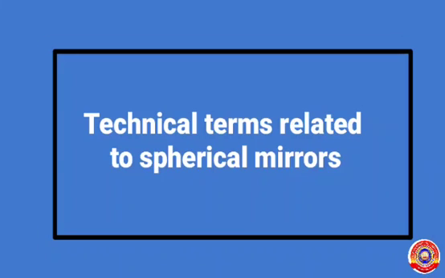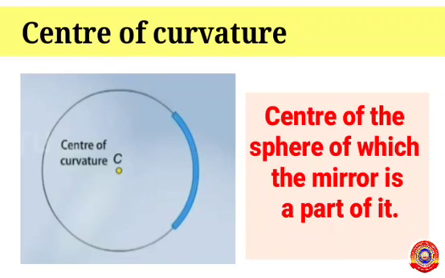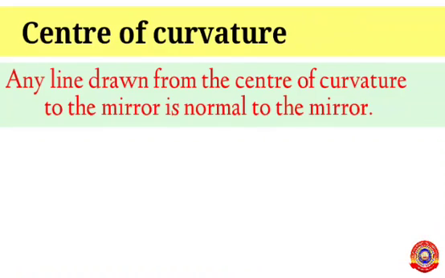Let's see some technical terms associated with spherical mirrors. The first one, center of curvature. The center of the sphere of which the mirror is a part is the center of curvature of the mirror, and it is denoted by C. Any line drawn from the center of curvature to a mirror is normal to the mirror. Look at this figure.